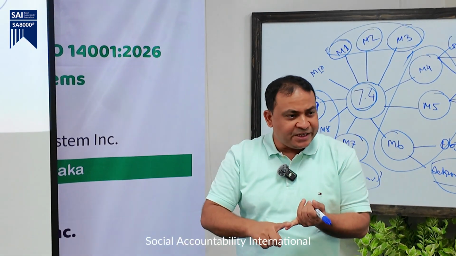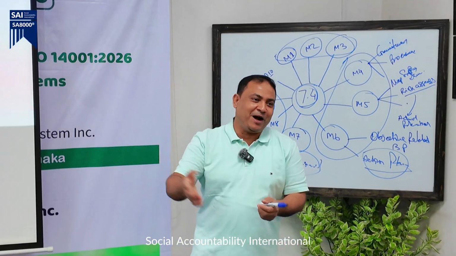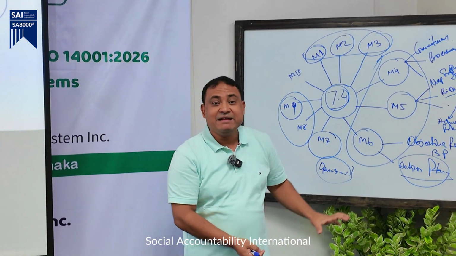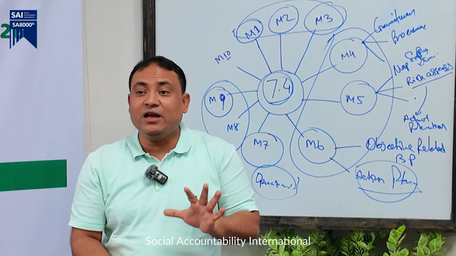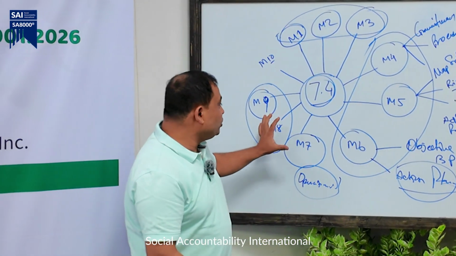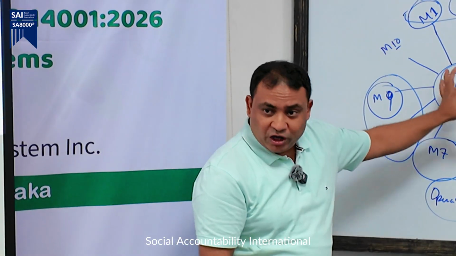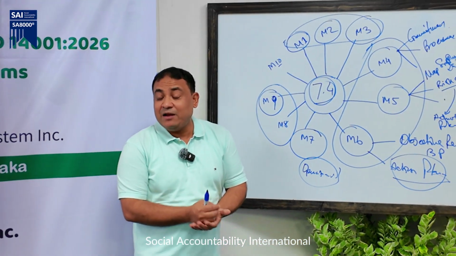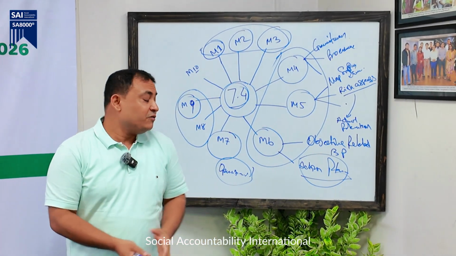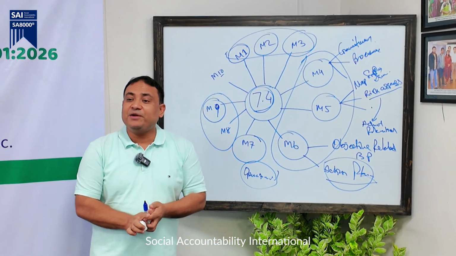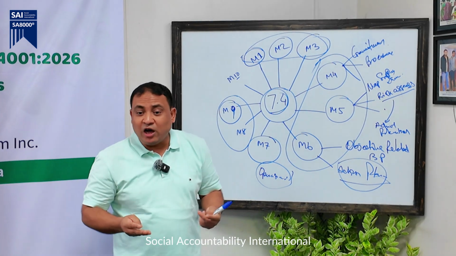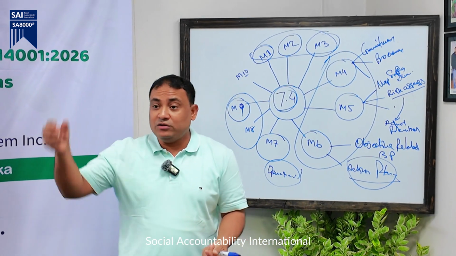For their own operation, for their supply chain and business partners, the organization shall establish, implement and maintain an effective operational level grievance mechanism for both the internal stakeholders, like in their own operation, and also for the business partners. It shall also be for external stakeholders, so that these business partners come under the scope of this grievance mechanism.